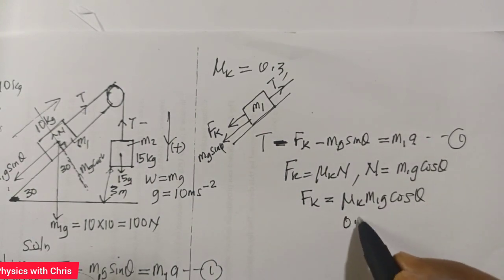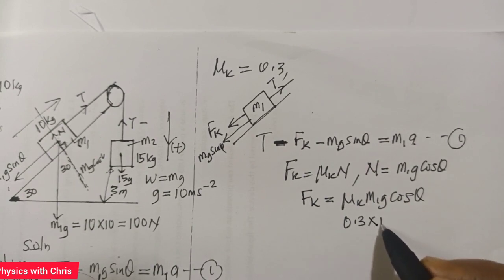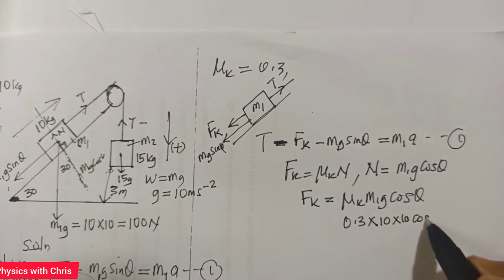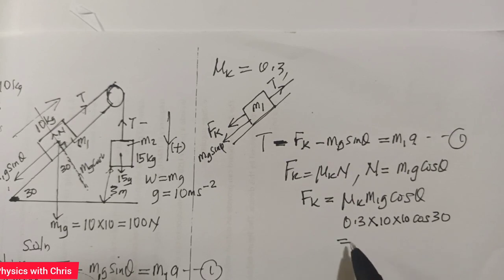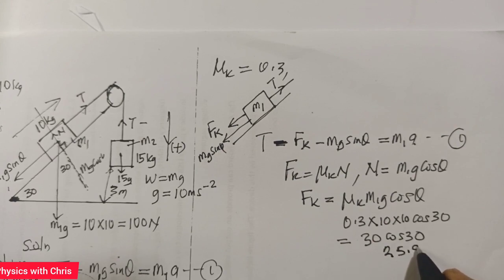My mu is 0.3 times m1 is 10 times 10 cos 30 degrees. So this is 30 cos 30, that gives me 25.9 Newton. That is my kinetic frictional force.